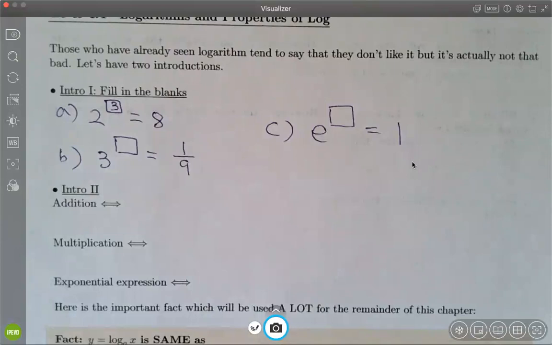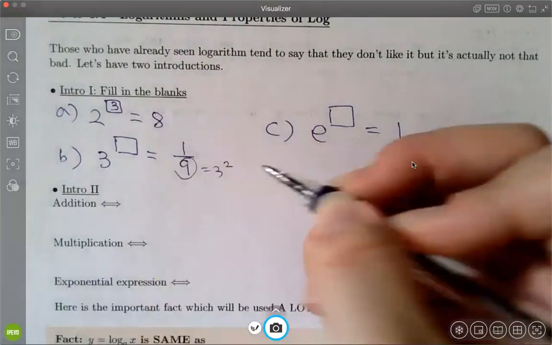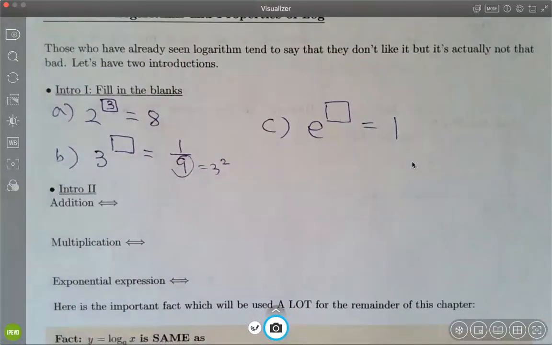So maybe you need some hint. Remember 9 is 3 squared. So we have 1 over 3 squared. Does it remind you of anything?